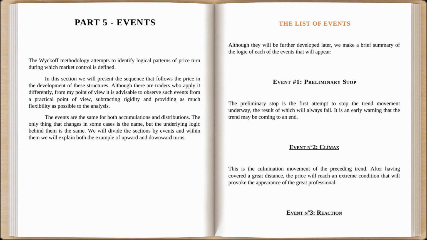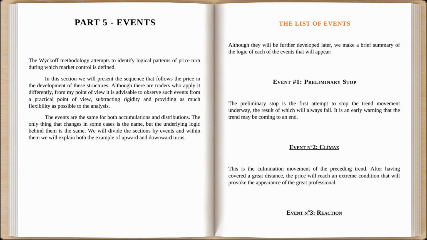The events are the same for both accumulations and distributions. The only thing that changes in some cases is the name, but the underlying logic behind them is the same. We will divide the sections by events, and within them, we will explain both the example of upward and downward turns. The list of events.